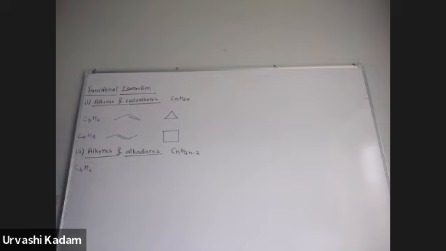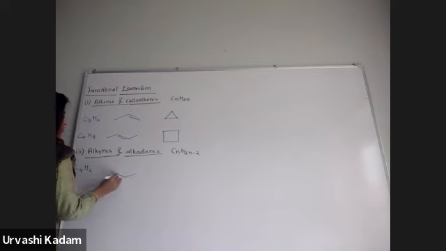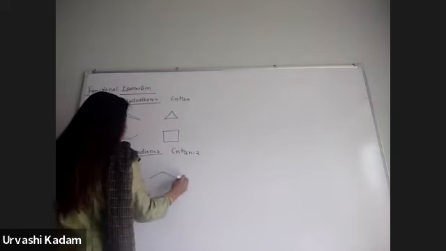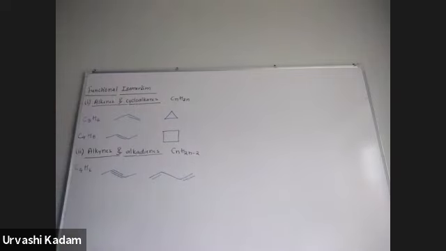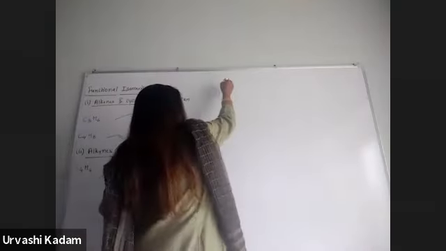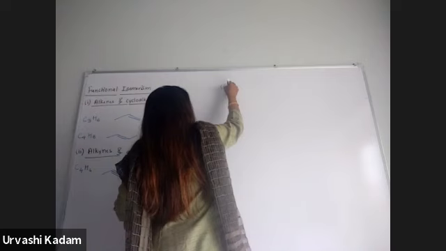So alkyne C4H6 is this, and alkadiene C4H6. So 2-butyne and 1,3-butadiene, they both are functional isomers of each other. Okay, next set of formula I'm taking is alcohol and ether. So alcohol and ether have same molecular formula.